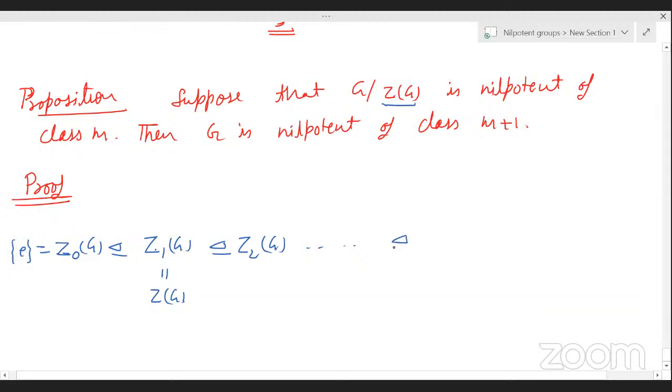And what we have to show is that Z M plus 1 G is equal to G. This is what we want to show.